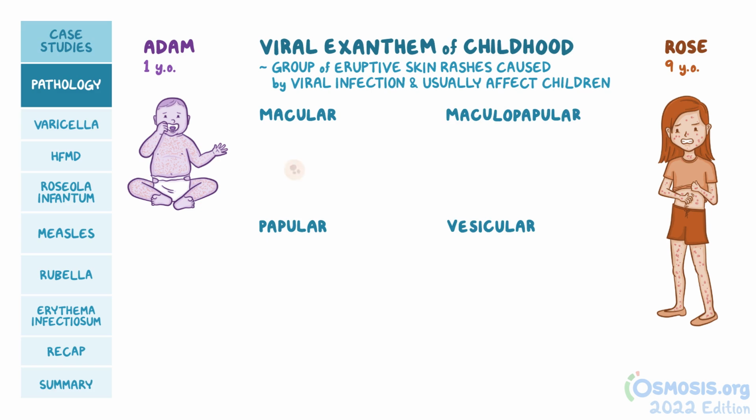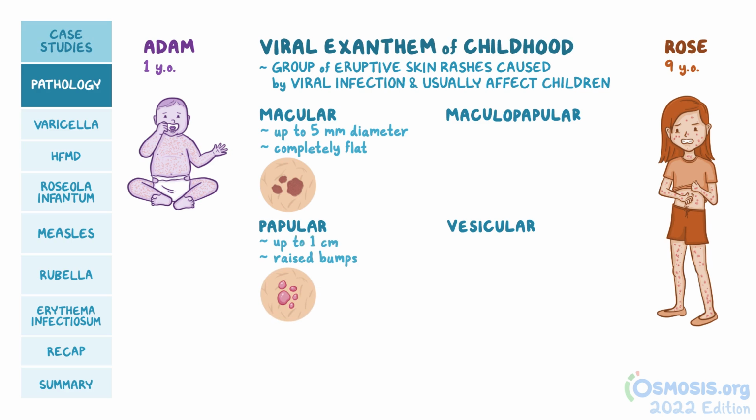A macular rash has macules, which are up to 5 millimeters in diameter and completely flat, meaning that you can't feel them if you run your finger over them. On the other hand, a papular rash has papules, which are raised bumps that are up to 1 centimeter in diameter. And a maculopapular rash has both macules and papules.